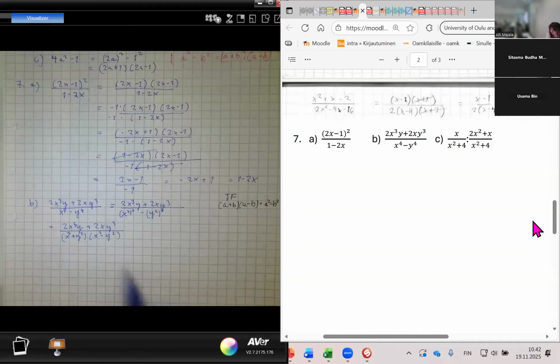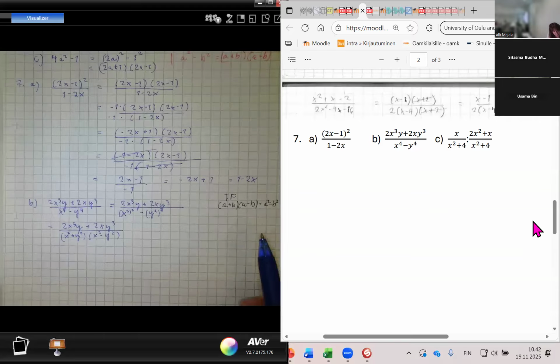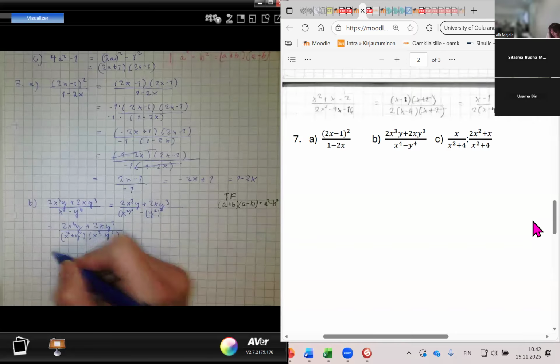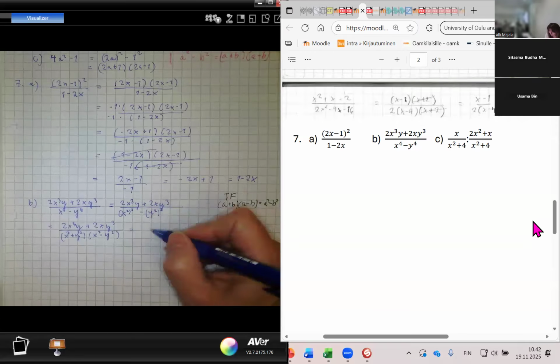Yes, so I can take... Or can I still do something different as well? Okay, let's take a common multiplier anyway. So there would be y's and x's. Yeah, I think I actually get it there now. So, for example, here I can put 2 and there's always x and there's always y.